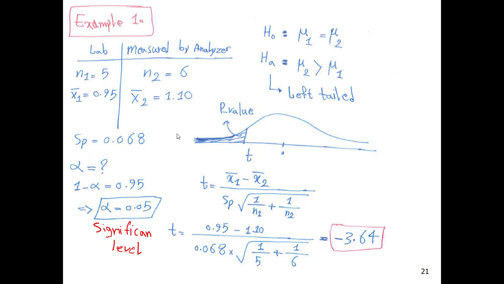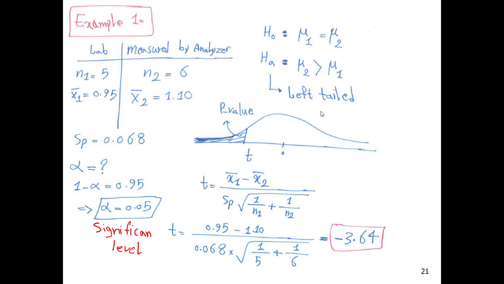So what we have here is a null hypothesis telling us the measurements from the lab and the analyzer are the same. But what we see here is that the measurement from the analyzer is more than the measurement of the lab. The new mean is more than the lab mean. So it's a left tail test.